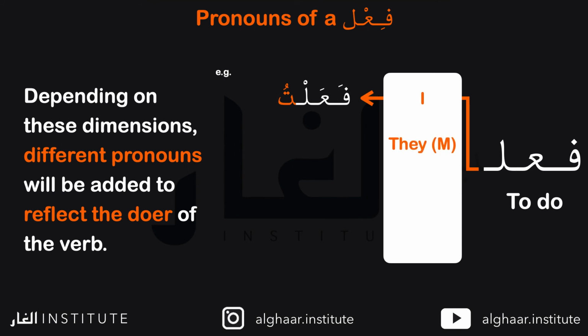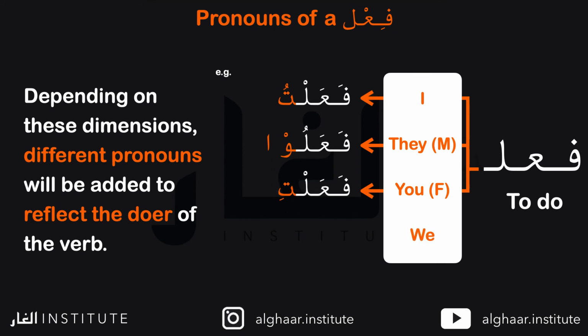But if I wanted to say they did something, which is third person, masculine, and plural, I'd say fa'alu. And if I wanted to say you did something, which is second person, feminine, and singular, I'd say fa'alti.